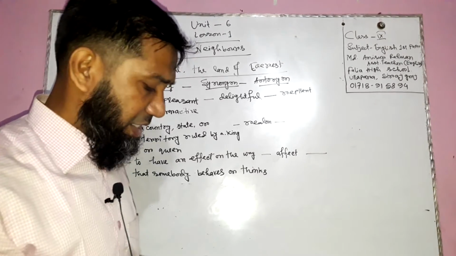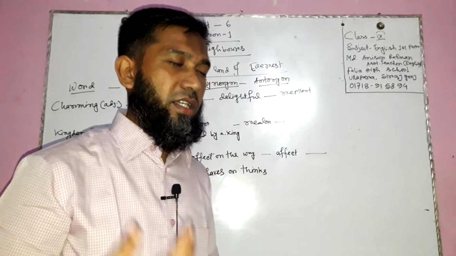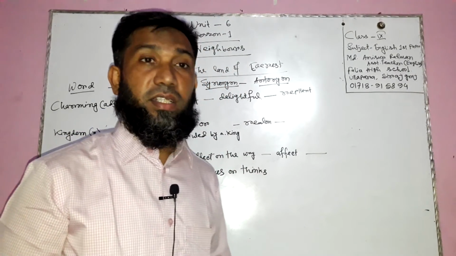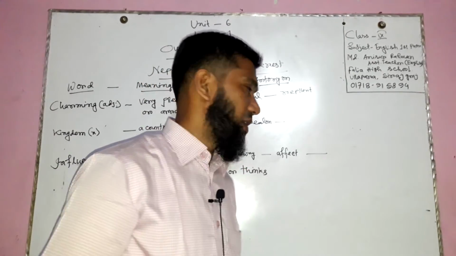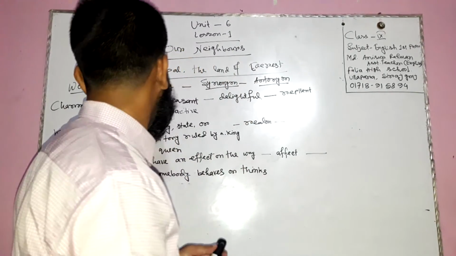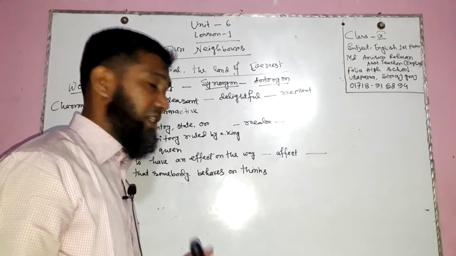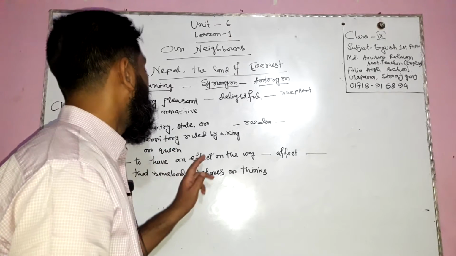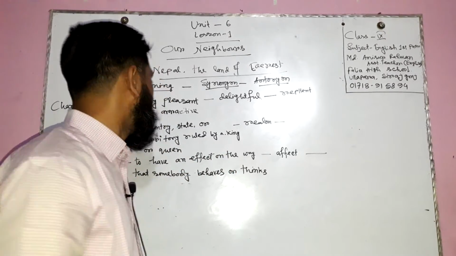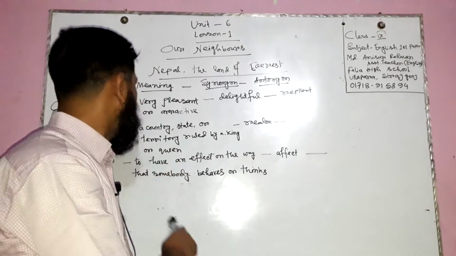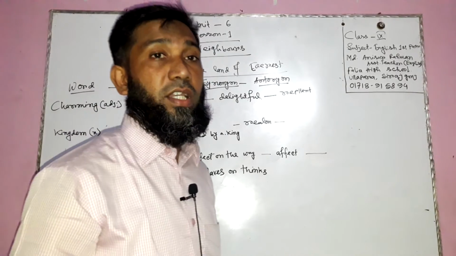Kingdom indicates any name in a sentence, so we can say this word is a noun. The meaning of the noun kingdom is a country, state, or territory ruled by a king or a queen.